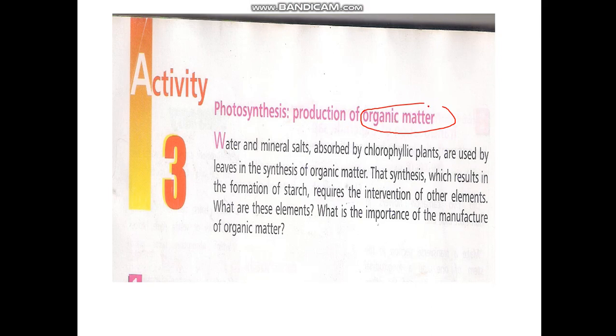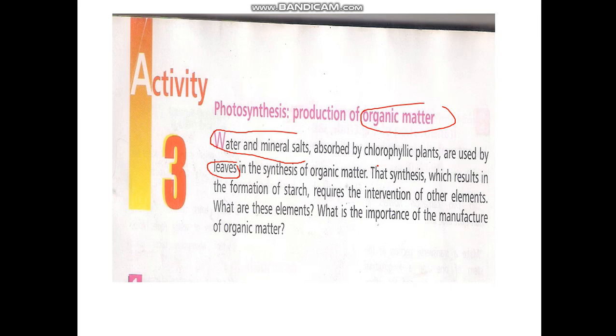Okay, so water and mineral salts together form a sap. What sap? It's the root sap. Excellent. They are used by the leaves. Which part of the plant? The part which we consider as a factory, the leaves, in the synthesis of the organic matter.